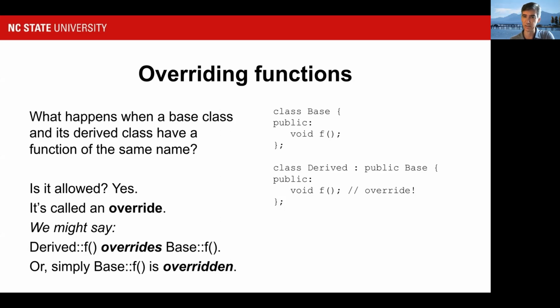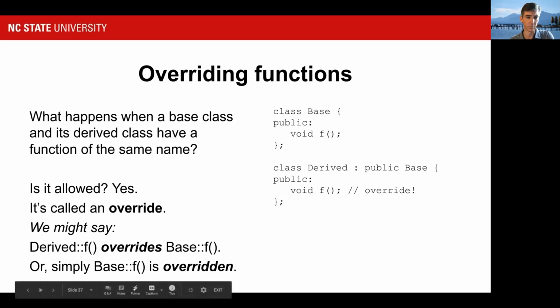The function in derived takes precedence over the function in base. And whenever this sort of thing happens, we call it an overridden function, right? We'll say that f in derived overrides the f in base. Or simply, we might say base f is overridden by another function in the derived class.